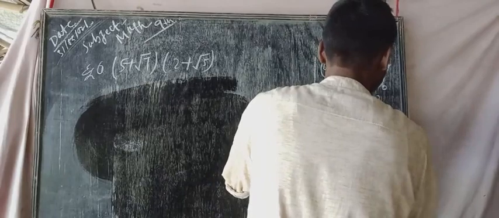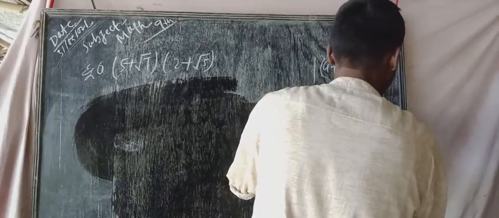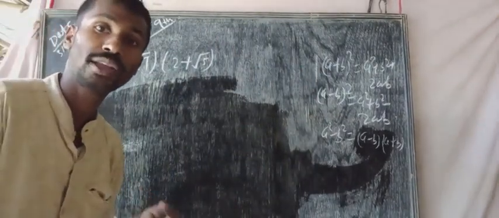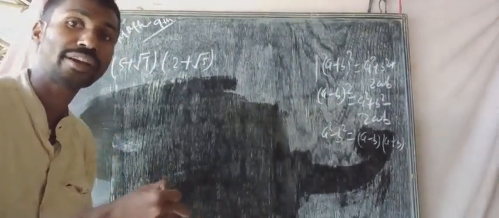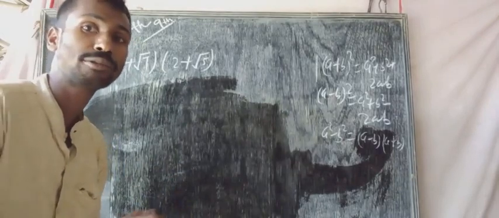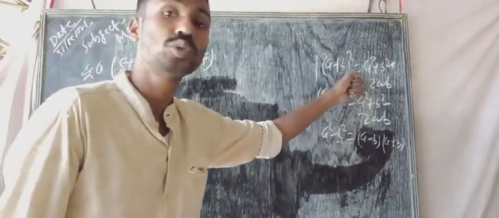If the same quantity is multiplied by itself two times, we can use the formula.